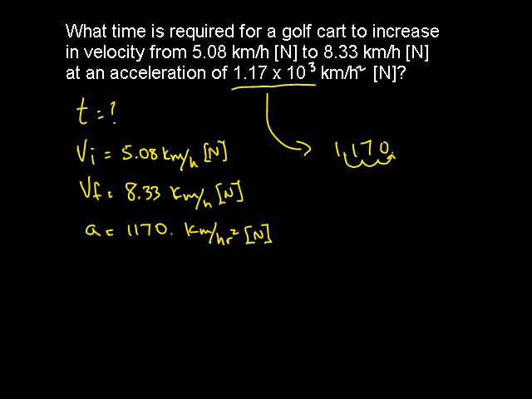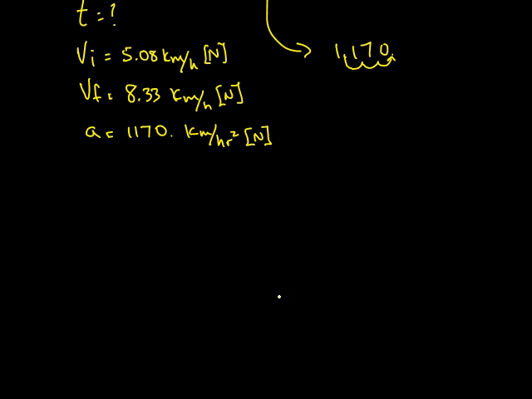Okay, so next we need our acceleration formula, which is a equals Vf minus Vi all over t. This formula will be given to you on tests, but I'm not going to rearrange it for you, so you need to know how to rearrange these things.